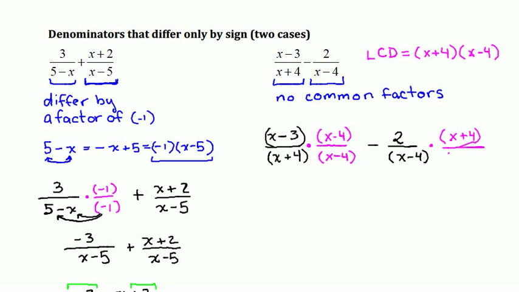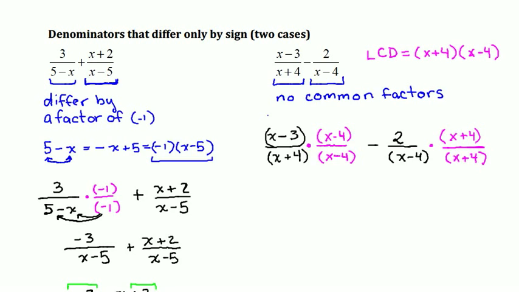And multiplying out this whole numerator is where it gets a little bit computationally more involved than the last one did. So I'm going to start by thinking about how to FOIL this.